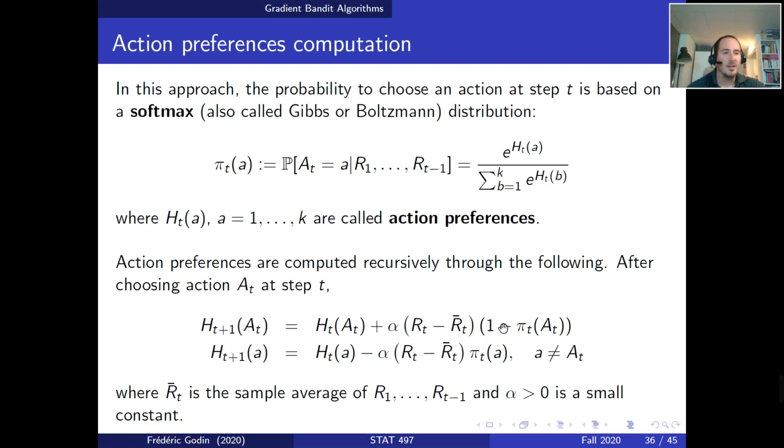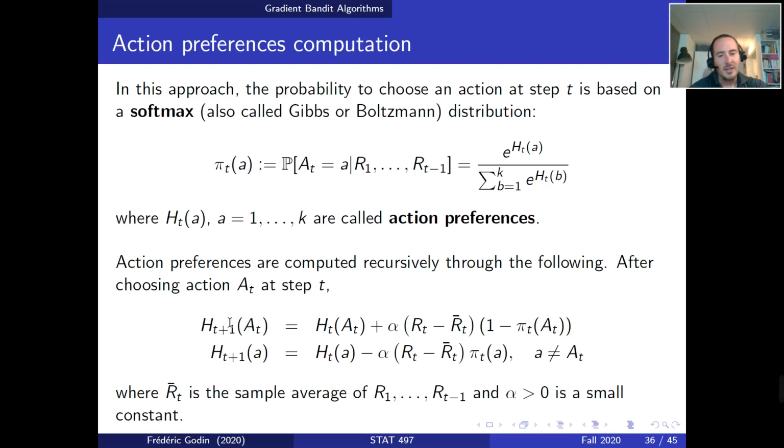And this second term here is always between 0 and 1, so it is positive. So this whole term will be positive, and your preference will be increased for action A_t. Conversely, if R_t is smaller than your historical average, this whole term will be negative, and you will decrease your preference associated with action A_t.